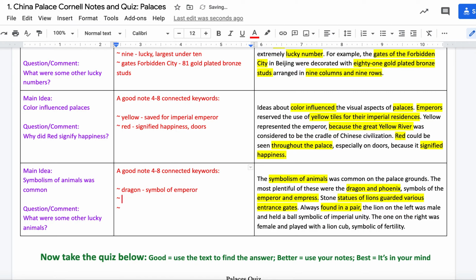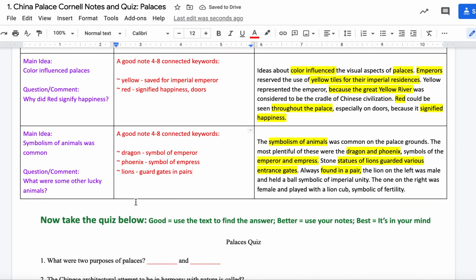The phoenix was the symbol of the empress. And we're going to have the lions. They guard the gates in pairs. All right, that's how you can do that.